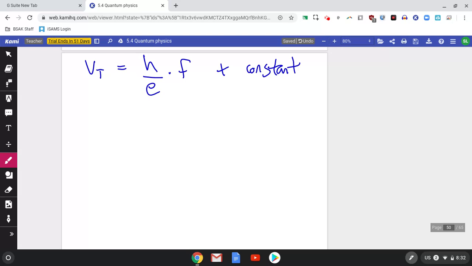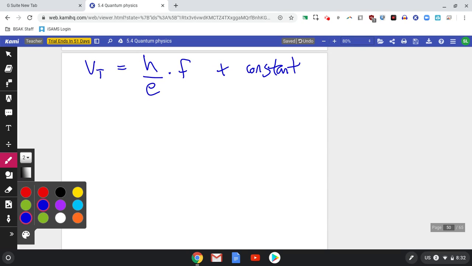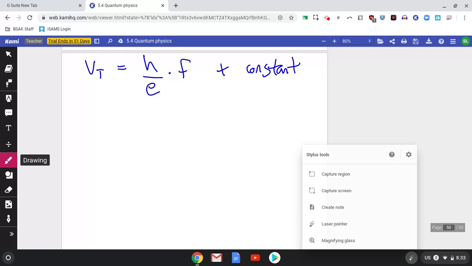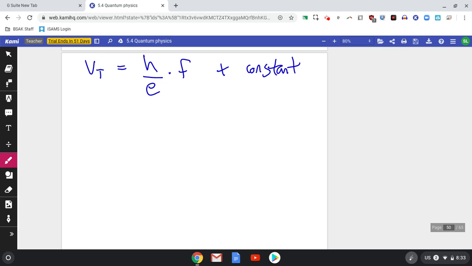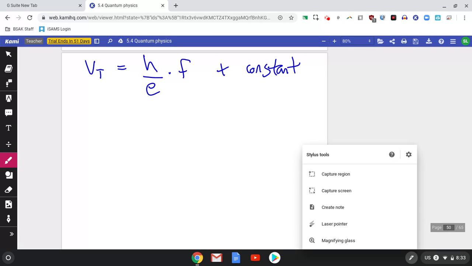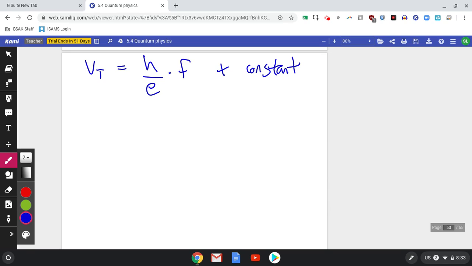But there's a slight change here. Don't want you to plot threshold voltage against frequency. I'd like us to use values of wavelength in the graph. So let's just have a little look at what we're going to do here. Remember, speed of light is f lambda, isn't it? The wave equation.